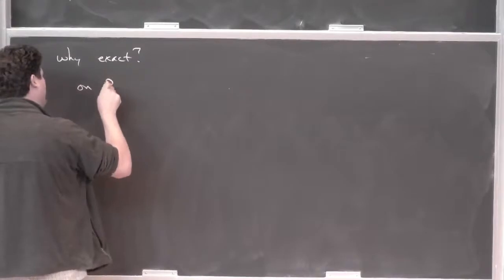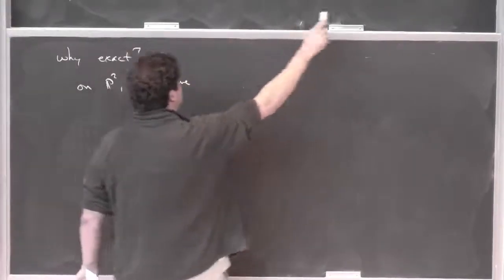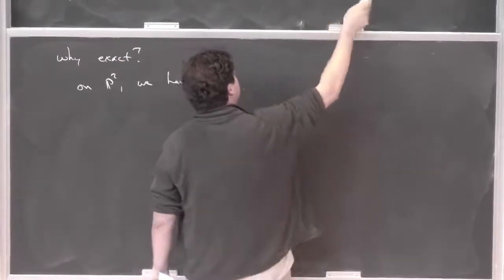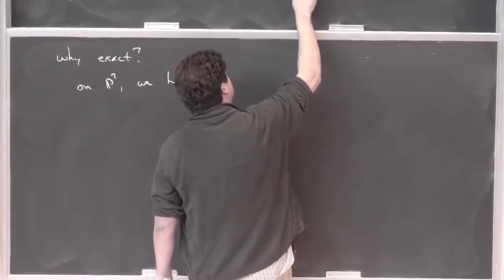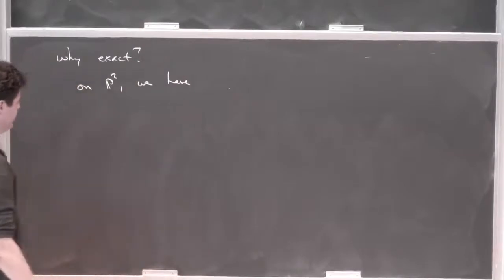Well, we have this pair of matrices, cooked up using DH plus HD. I want to explain why it's exact out here in the stable range.